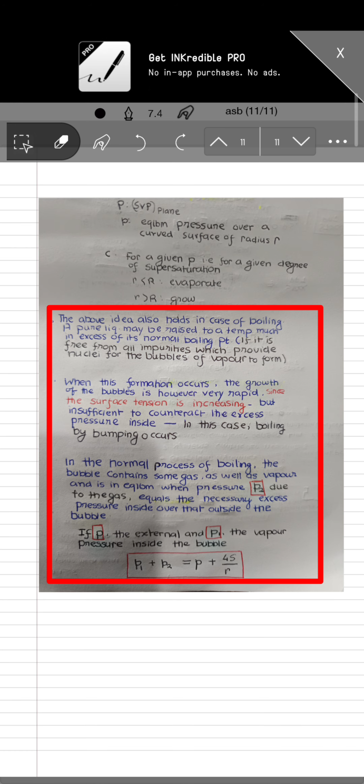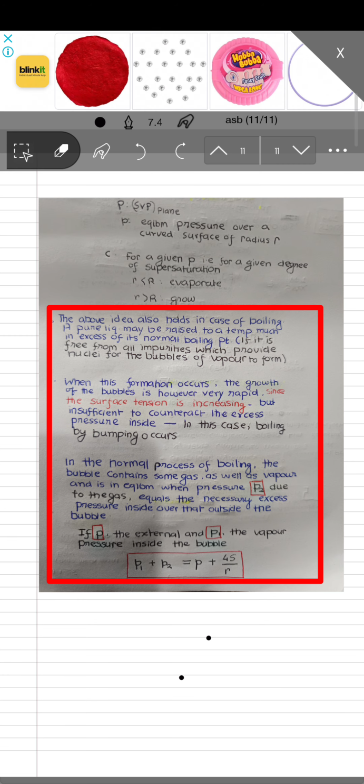When the formation occurs, the growth of the bubbles is however very rapid, and since the surface tension is insufficient to counteract the excess pressure inside, bumping occurs. That means the boiling point shoots up a little bit.